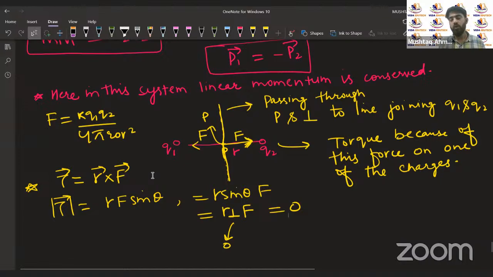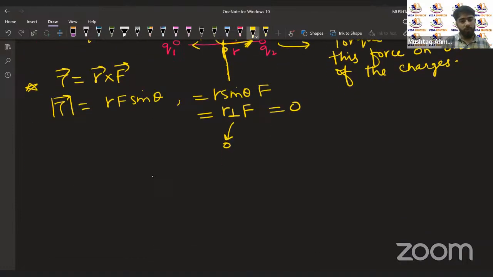So there is no change in the angular momentum of the system. And one more point, the torque acting on the system because of this electrostatic force is always 0 on the charges. We know that torque is also defined as the rate of change of angular momentum, where L is the angular momentum.